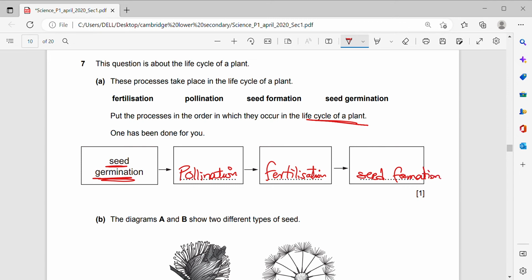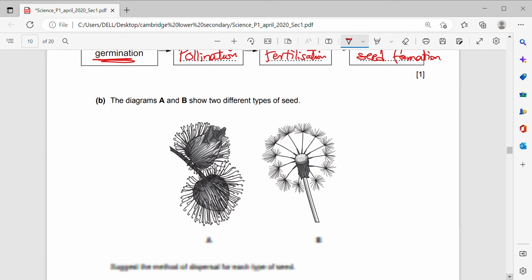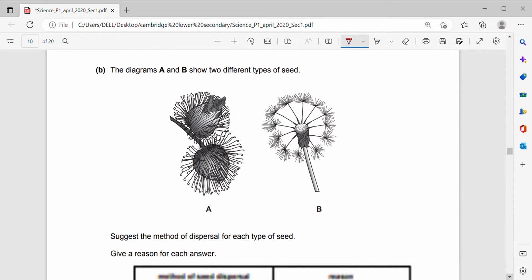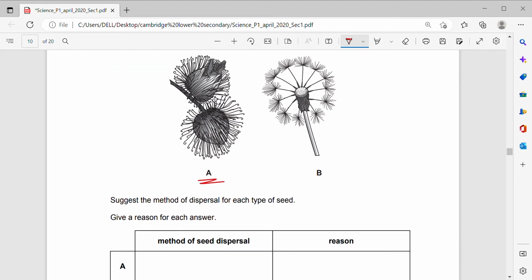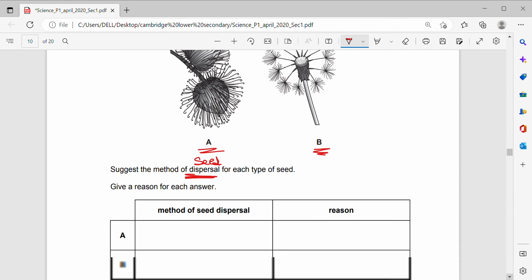The diagrams A and B show two different types of seed. So I have seed A and seed B. Suggest the method of dispersal. The method of seed dispersal here is different. It depends on the shape of the two seeds. If we look at the first one, seed A, it seems that they have hooks.